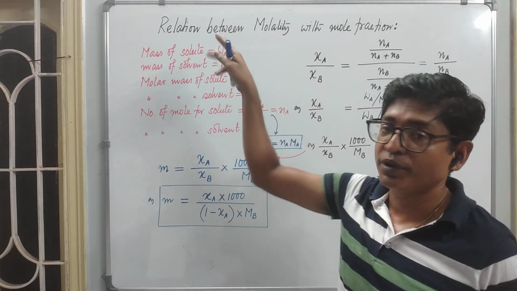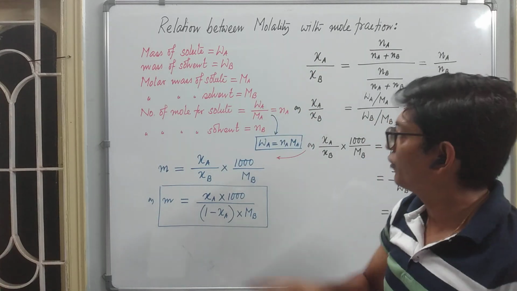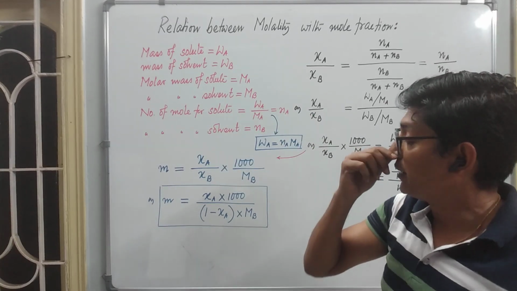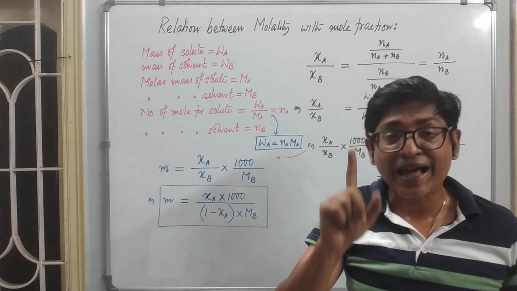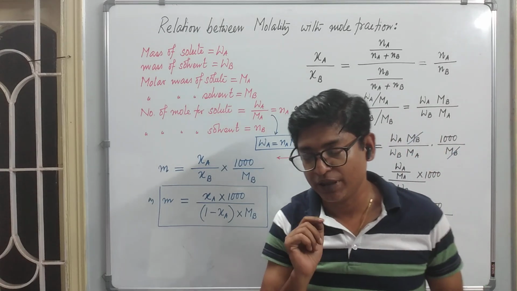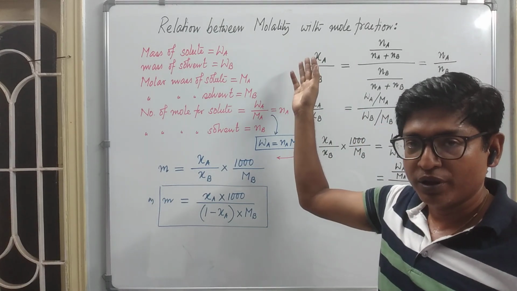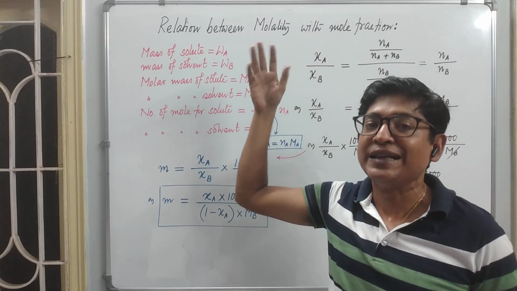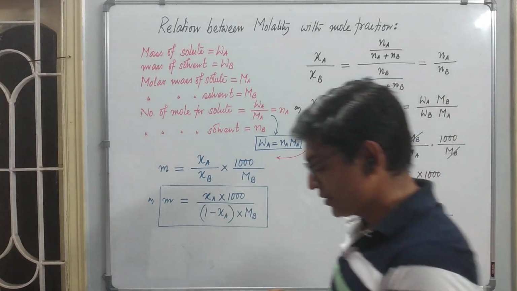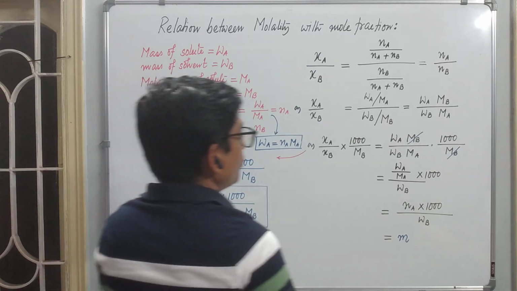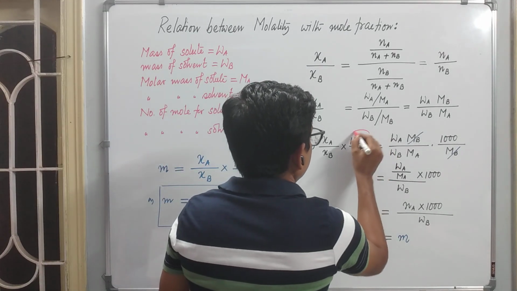If any one of them is missing, then it is quite difficult to find it out. Once it is done, then we checked how we can connect the molarity, remember molarity, capital M, with the mole fraction. In that case, we used the density. And in this case, the only trick is to multiply both sides with this factor.